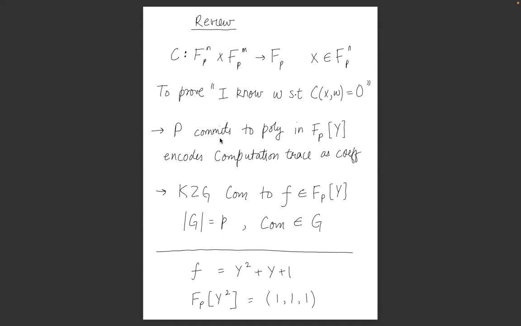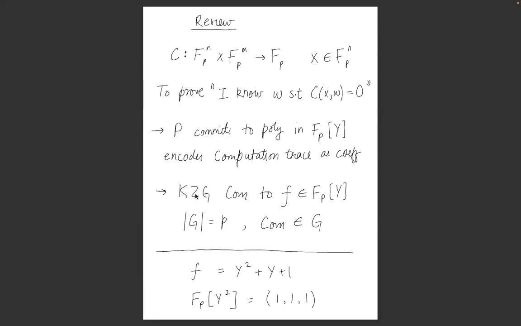The way it is usually done, as we have seen in past protocols, is that the prover commits to a polynomial and encodes the computational trace as the coefficients of the polynomial. Suppose the prover commits to some univariate polynomial, which has p finite field elements.